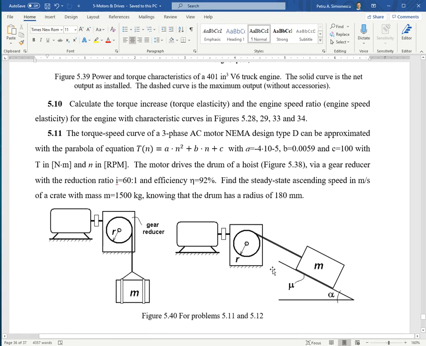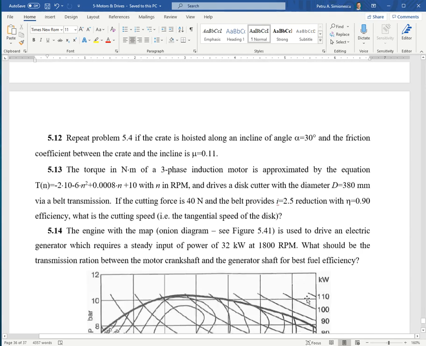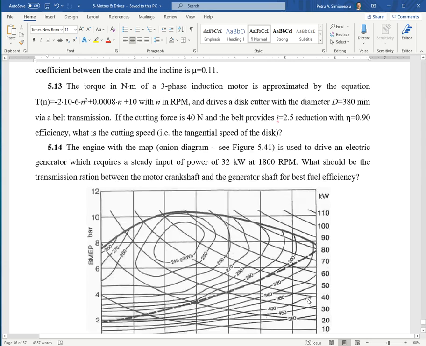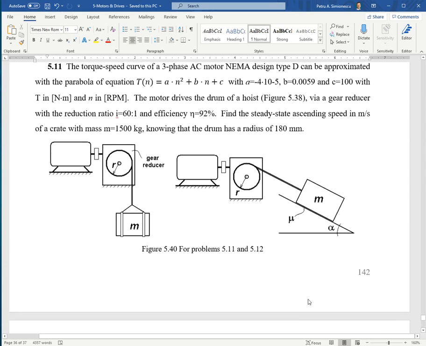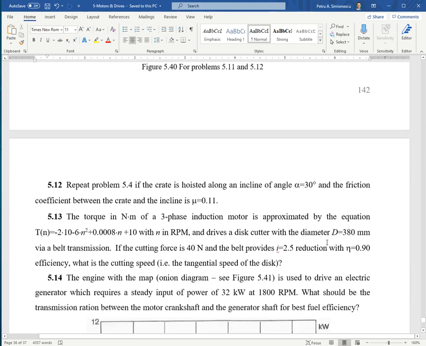And these are problems. This one is the one that I usually assign. It could also be where you have a crate that's moving, and instead of friction you have rolling resistance.